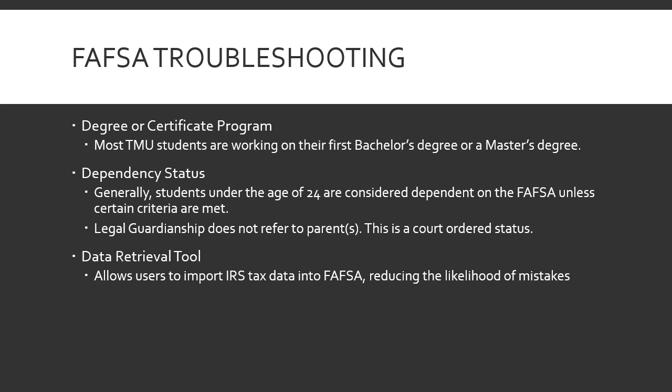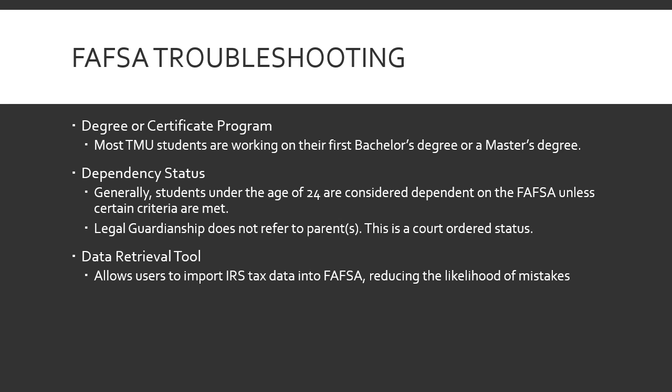We currently do not offer any certificate programs that are federal financial aid eligible, so be sure to avoid that option altogether. The importance of this question is that certain state grants and loans as well as federal financial aid take a look at whether you're in a degree or certificate program, and you might disqualify yourself if you answer this question incorrectly. So be sure to read that question carefully and answer it accurately.